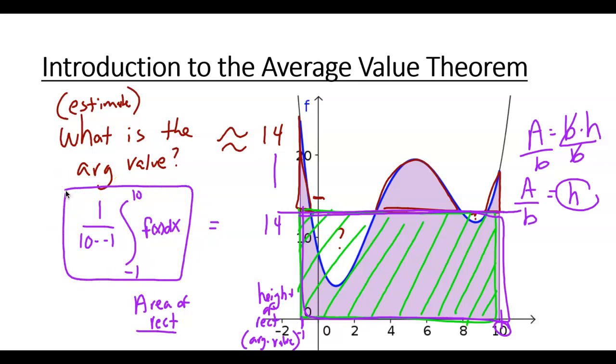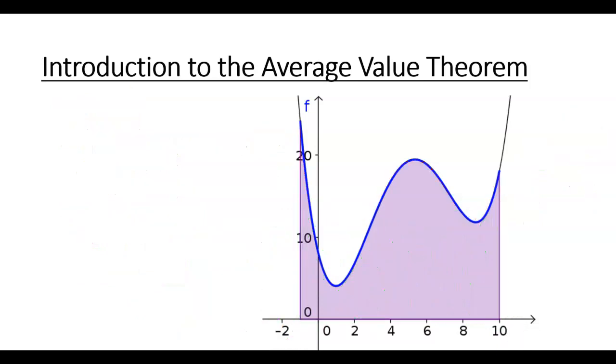This is our formula to find the average y value, the average height of your function. So to find your average value, you integrate your function on the interval that you care about and then multiply that by the reciprocal of b minus a, in other words, the base of your rectangle. Okay? So that is how you find the average value of a function.